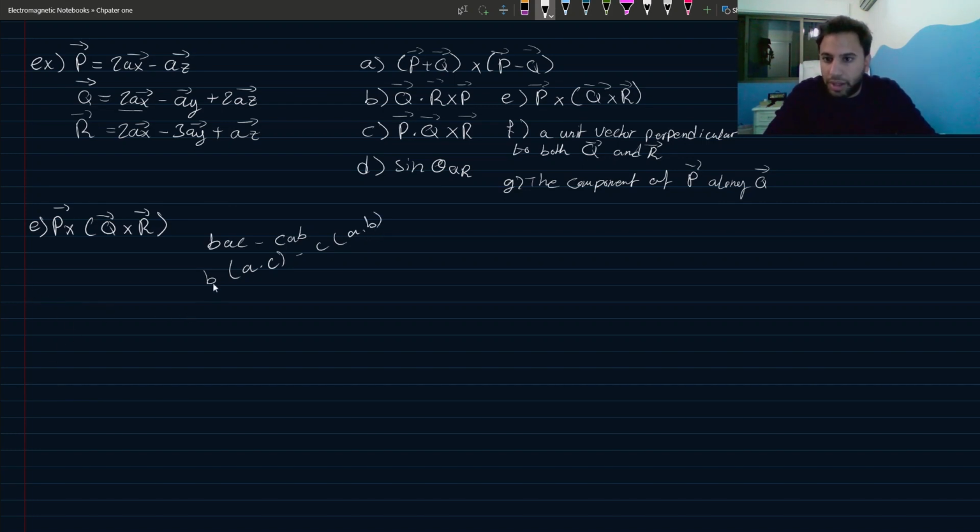So it will go as B in this case is Q, and this is A, and this is C. So it will be Q multiplied by P dot R minus R multiplied by P dot Q. Let's erase this.